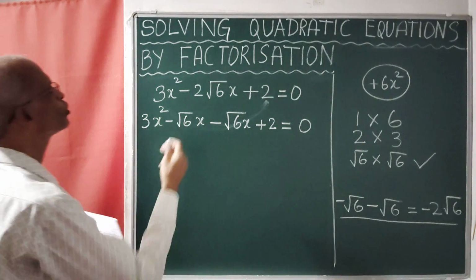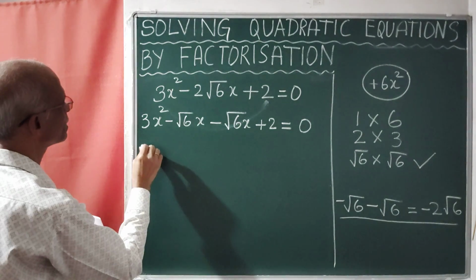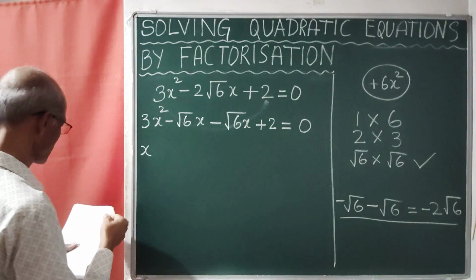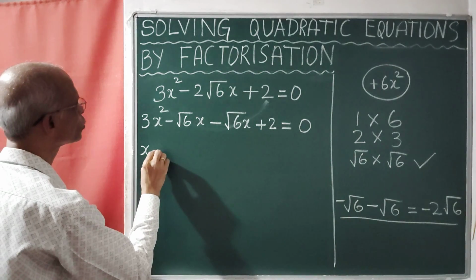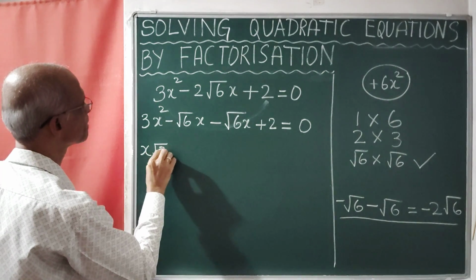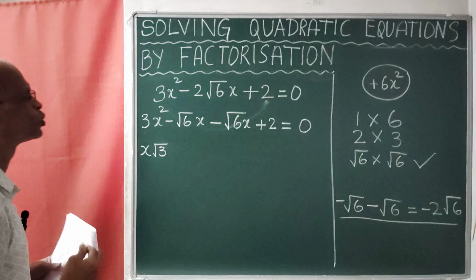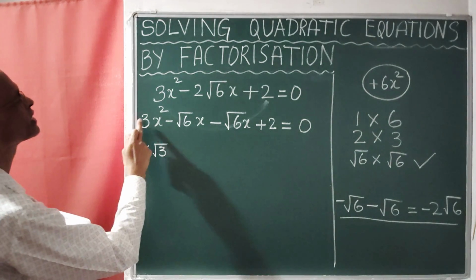Now among these two, what is common? X is common. And I will take root 3 as also common, because root 3 can divide 3 and root 6.